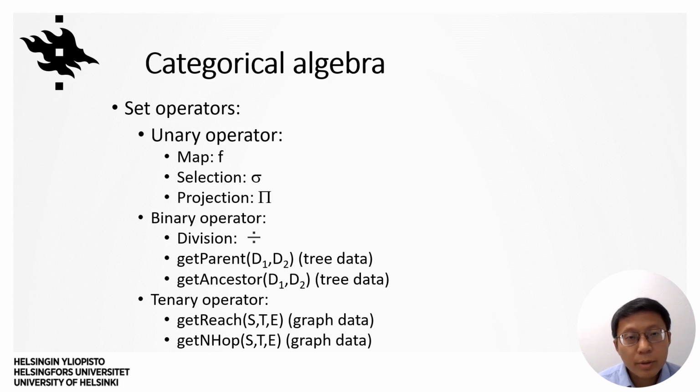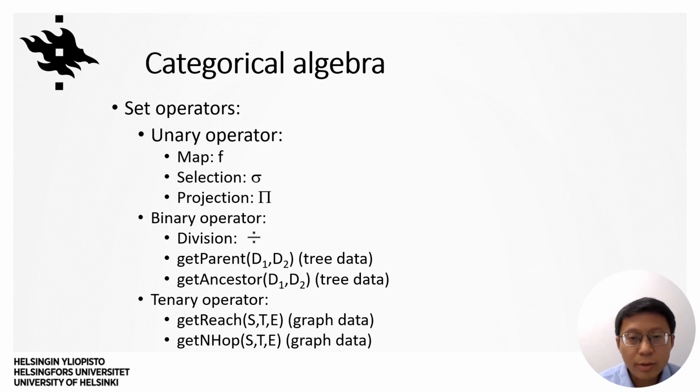Then we introduce the categorical algebra. We first define the set operators. In the unary operators, we map one set into another set. First, we define the map function f, which maps one set by the function to another set.